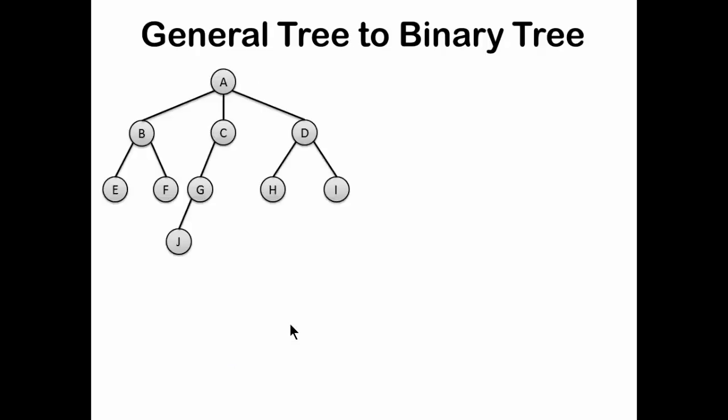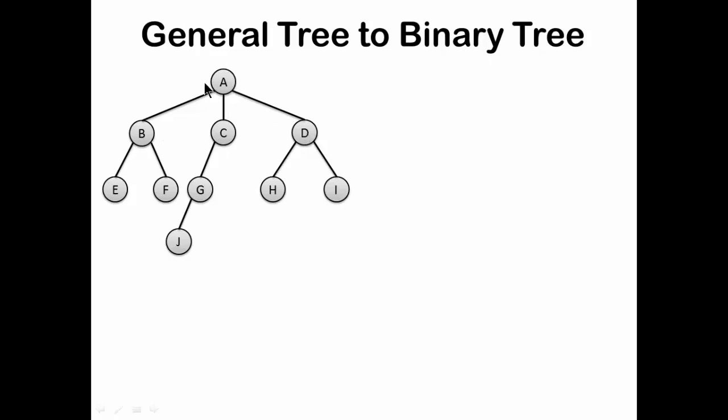Now, general tree to binary tree, how do we convert any tree to a binary tree? In a general tree, the only restriction is that root cannot have parents, and there is no restriction on the children, but binary has got a restriction. So what I'm supposed to do is, there are 3 rules to follow. Whatever is there on the left hand side of the node should be retained as it is, right?